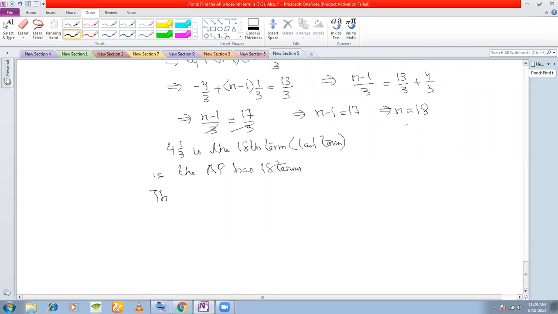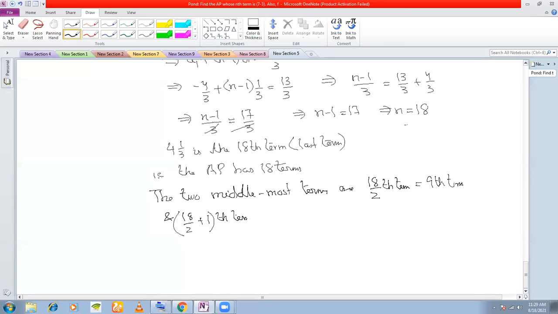The two middlemost terms are 18 by 2th term, that is the 9th term, and 18 by 2 plus 1th term, which is equal to the 10th term. So the 9th term and the 10th term are the middlemost terms.